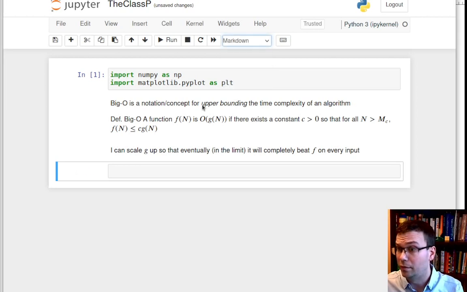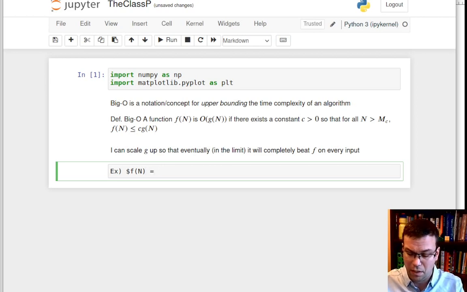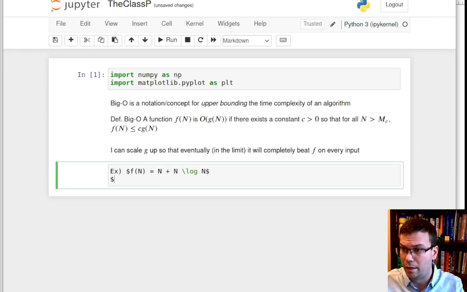Okay, so looking at an example here, what if f(n) is equal to, let's say, n plus n log n, and g(n) is equal to n to the 3/2 power.